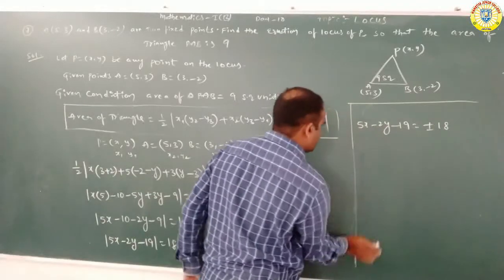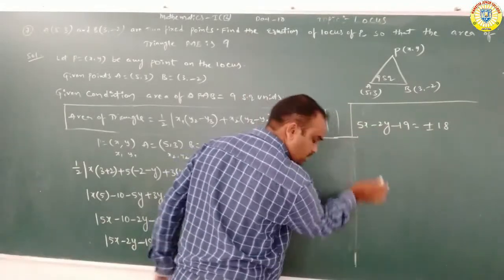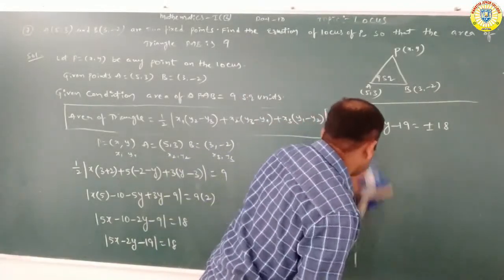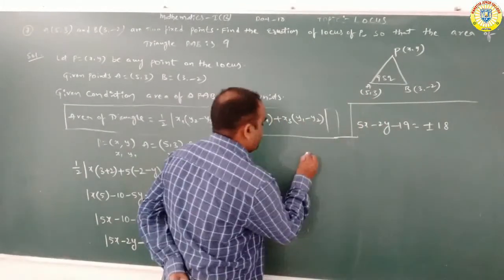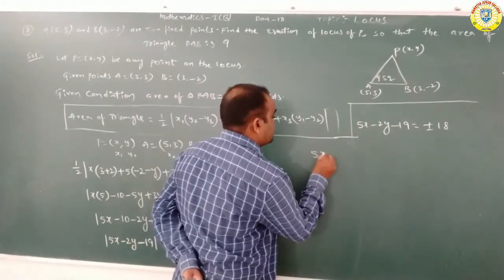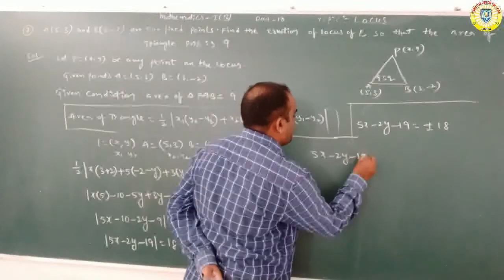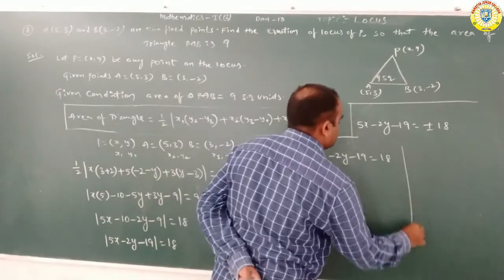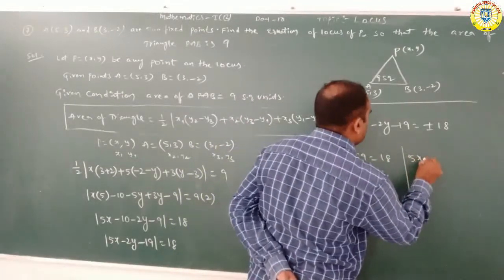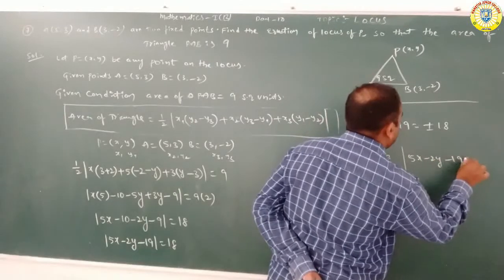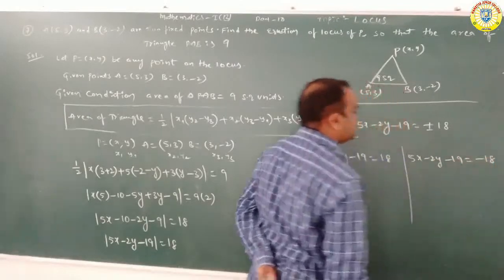Here two cases arise. The first case: 5x minus 2y minus 19 is equal to plus 18. The second case: 5x minus 2y minus 19 is equal to minus 18.